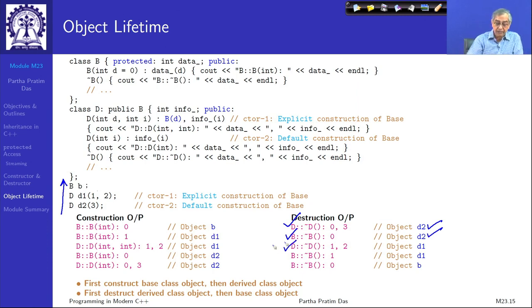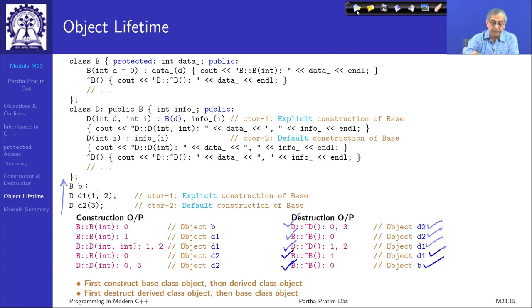Next is destruction for d 1, which calls the destructor for class B with the value 1. So, the destruction of d 1 gets completed, and finally, the destruction for the base class object B, with value 0, and object B gets destructed, and that completes the lifetime scenario of all of these objects.